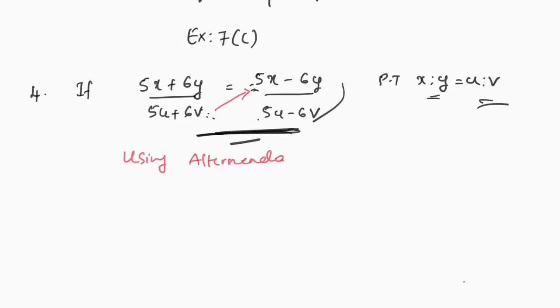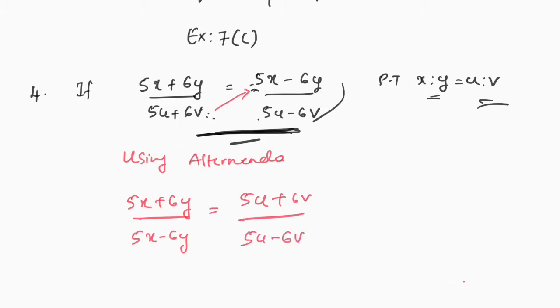Remember the property we learned: if a is to b equal to c is to d, then a is to c equal to b is to d. When we rewrite, we get (5x + 6y)/(5x - 6y) = (5u + 6v)/(5u - 6v).